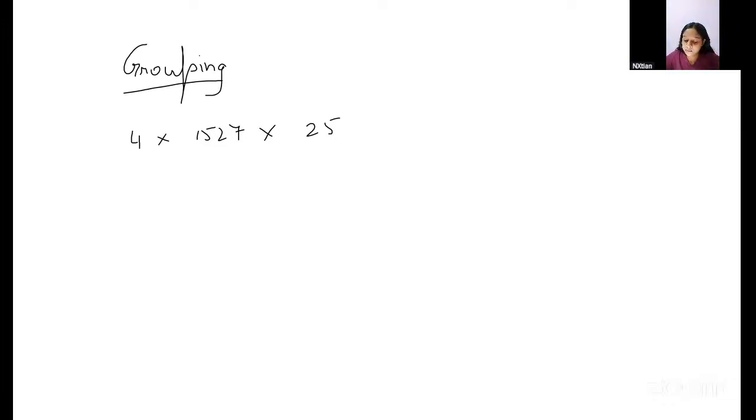Say, you can do A into (B into C). This way, group the second and the third number together. Or you can group it like this also, (A into B) into C. That means group the first two numbers together and then multiply the product with the third number.